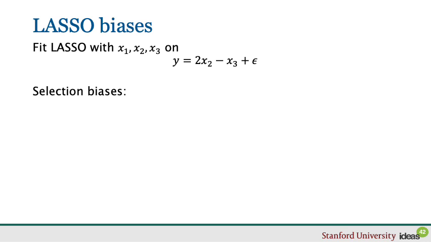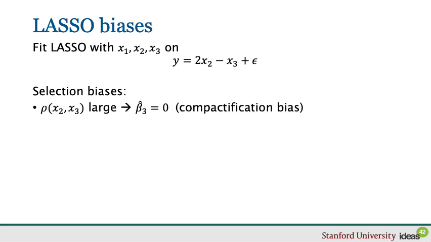First of all, there could be selection biases, where if x2 and x3 are very highly correlated, then the lasso may decide not to include x3, because x3 by itself will not be very predictive if x2 is already included.